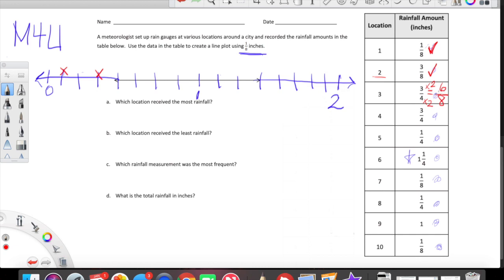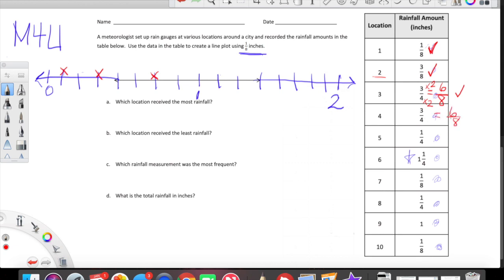I'm going to go ahead and plot 6/8 on my line plot graph here. Let's look at 1/8, 2, 3, 4, 5, 6/8 is right here. Beautiful. So we have our first 3 locations plotted. Let's look at our fourth location. 3/4, I know 3/4 is 6/8.